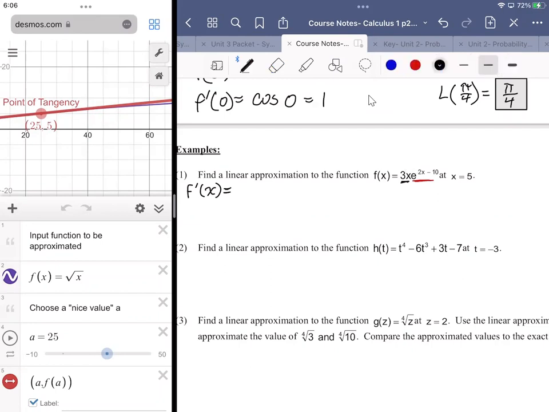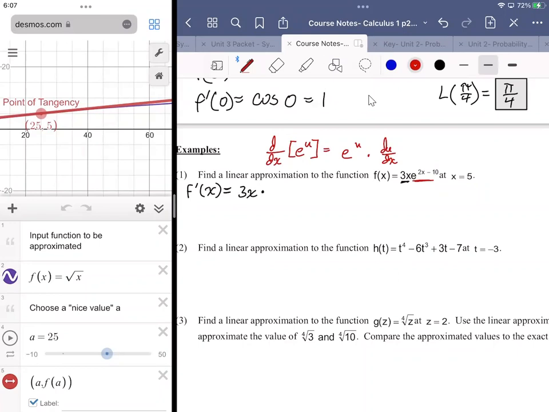So my first function, 3x, is multiplied by the derivative of the second. Just as a reminder, the derivative with respect to x of e to the u is e to the u multiplied by du dx, where u is the exponent of that exponential function.